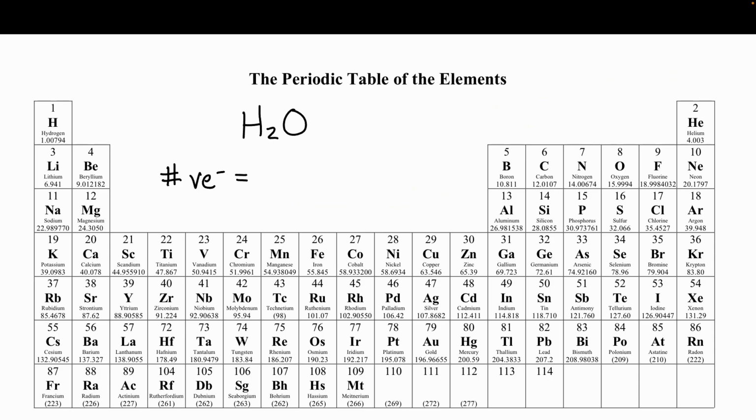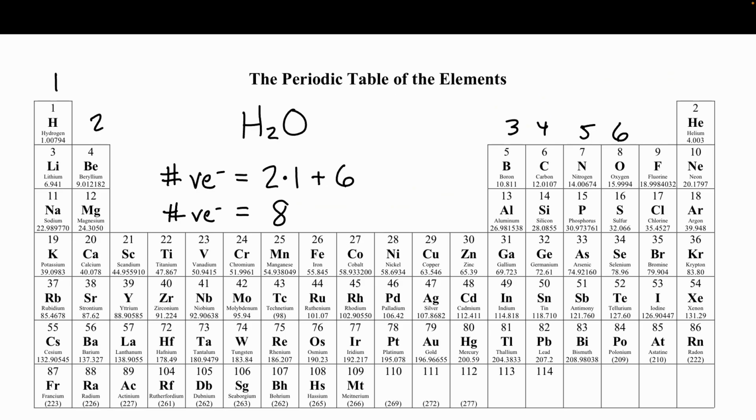How many valence electrons are in each of these hydrogen atoms? Hydrogen, the first column: 1. And if I have 2 of them, each one's bringing 1. Now I'm going to add the number of valence electrons in an oxygen atom. How many valence electrons does oxygen have? Yeah, 2, 3, 4, 5, 6. So if we total up the number of valence electrons in this water molecule, we get 8.